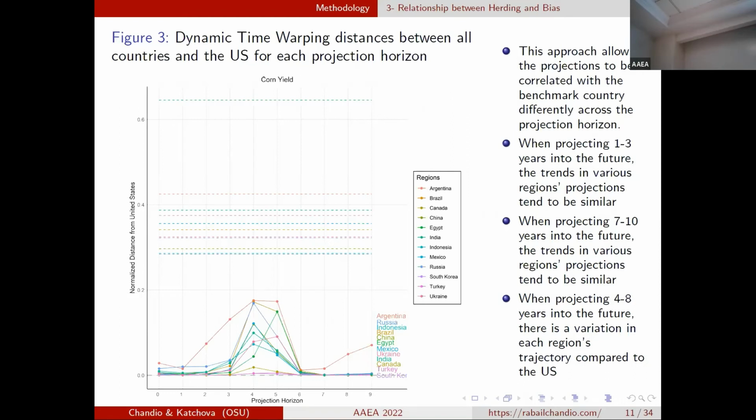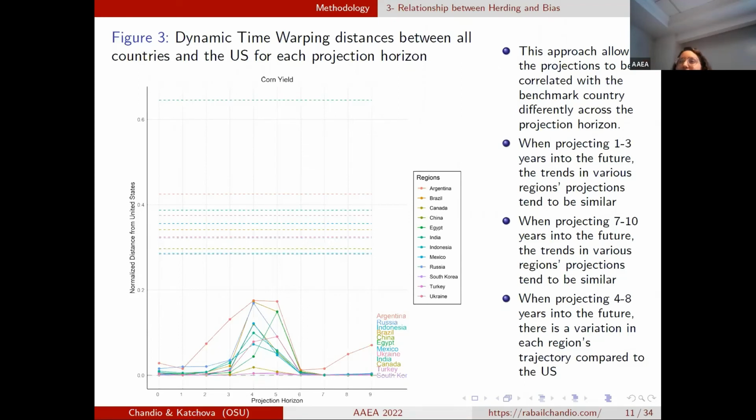And then when they're projecting 8, 9, 10 years into the future, they're very close together again. That means the projections start with similar trends. They're very, very close. In the middle, they're allowed to use information and differ from each other, as the experts in each region would probably expect. But at the end, they're kind of made to end their trend.